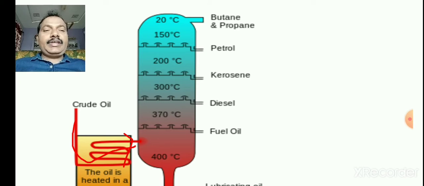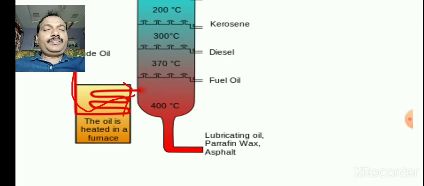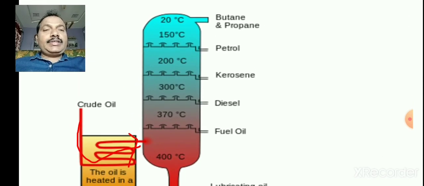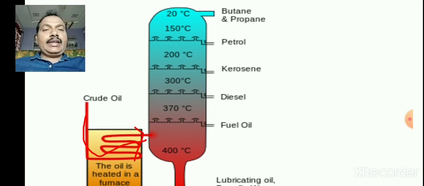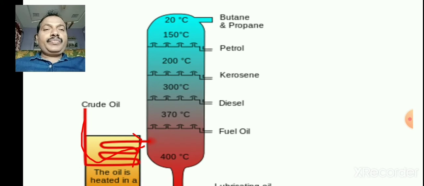At 370 degrees centigrade, fuel oil is taken. At 400 degrees centigrade, lubricating oils, paraffin wax, and asphalt are the products available. You see, with a single crude oil, with the help of the distillation column, by maintaining different temperature and pressure along the column, different products are produced.